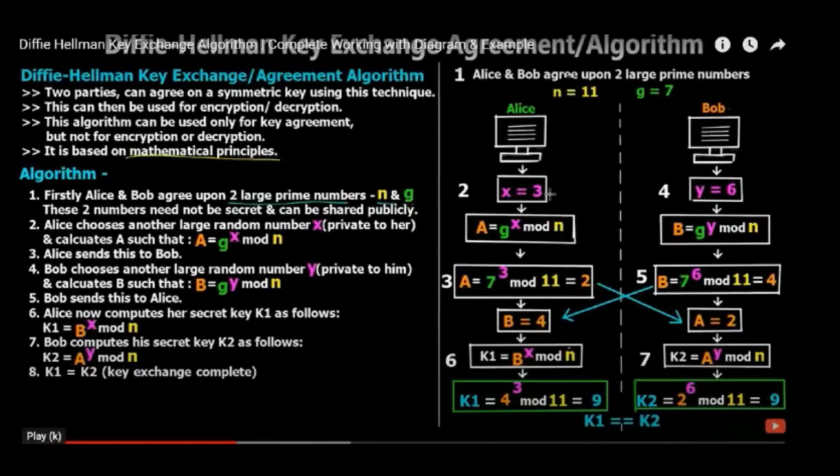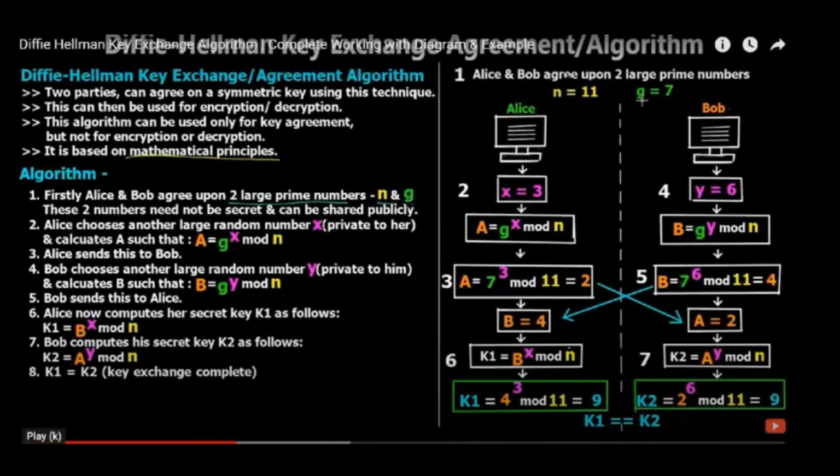Here, Bob is also going to select a random number, Y, and this Y is going to be a secret one. Bob is not going to share it with anyone. So N and G, the 2 numbers we already selected, are public.